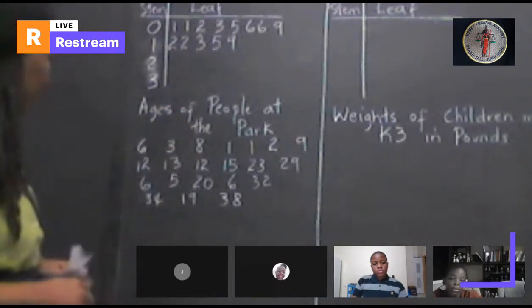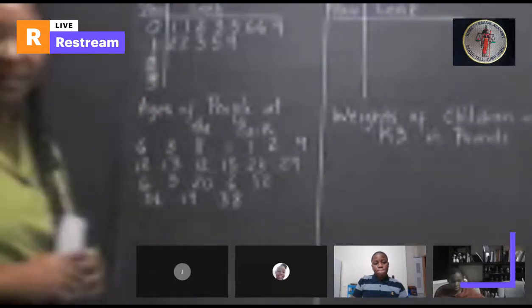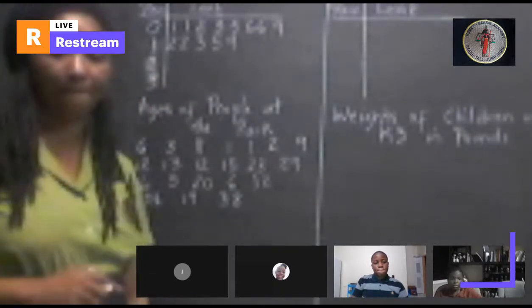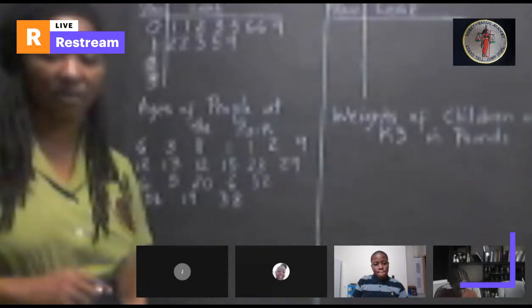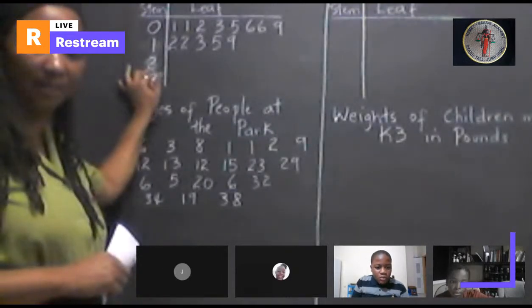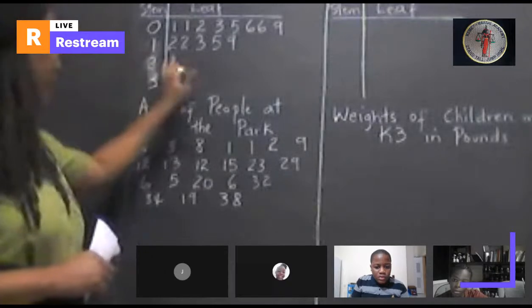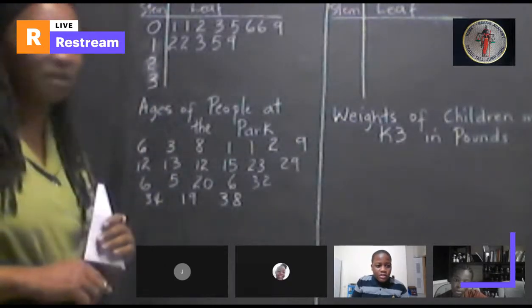So the numbers in the 20s, we have a 20, 23, and 29. What am I going to put to represent the 20? I already have my 2 in the stem. So what do I need to put over on the leaf side? 0, Miss.